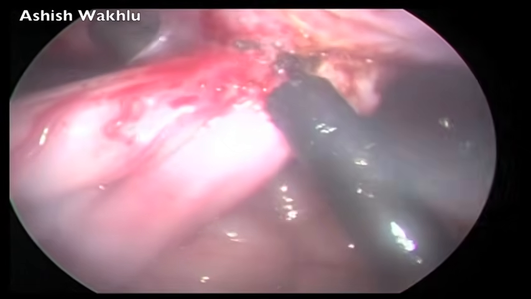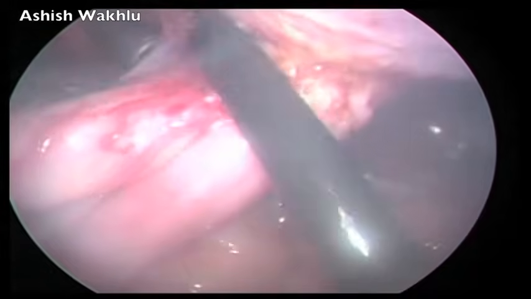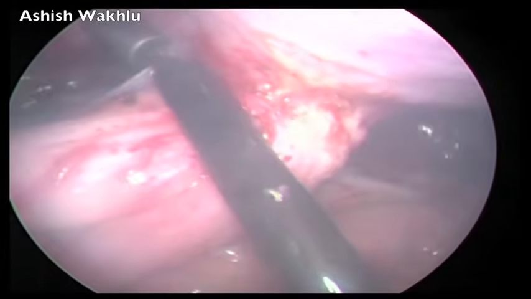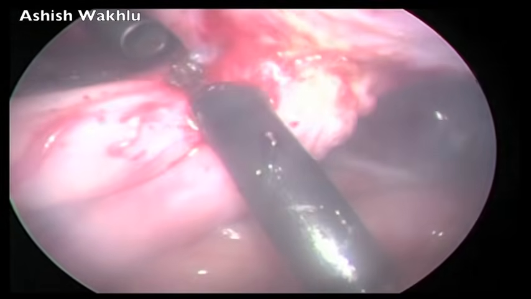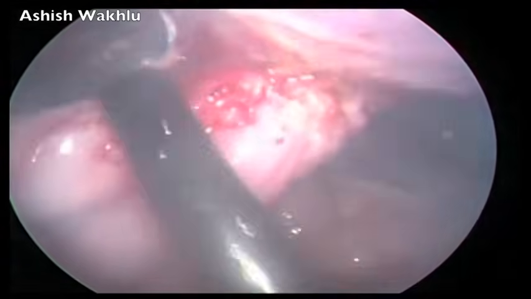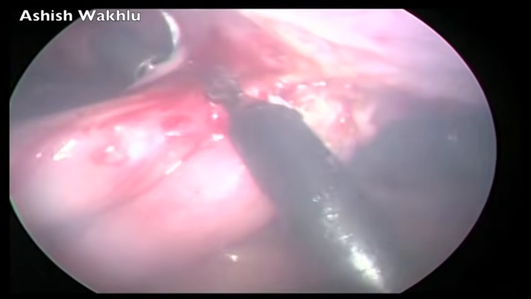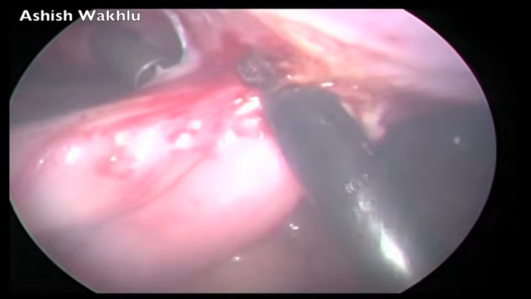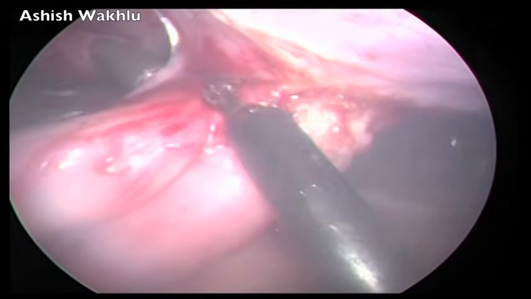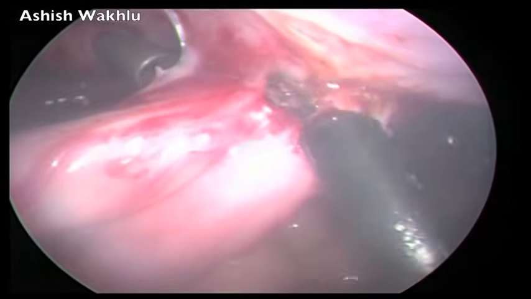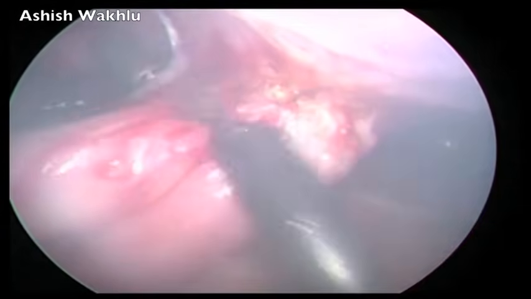As we could see the colostomy clearly from the inside, it was decided to take it down using the cautery hook, and additionally a piece of gauze was packed into the colon to prevent spillage of contents when the site of the colostomy was transferred from the right hypochondrium to the left iliac fossa.